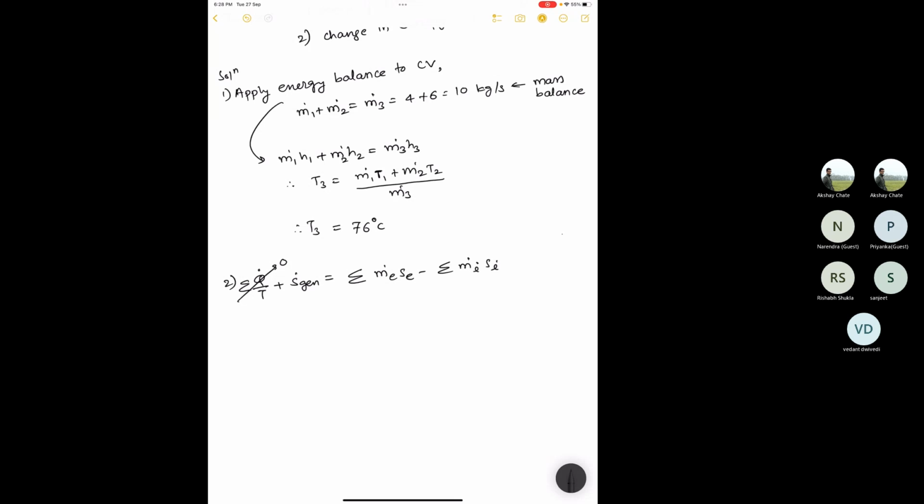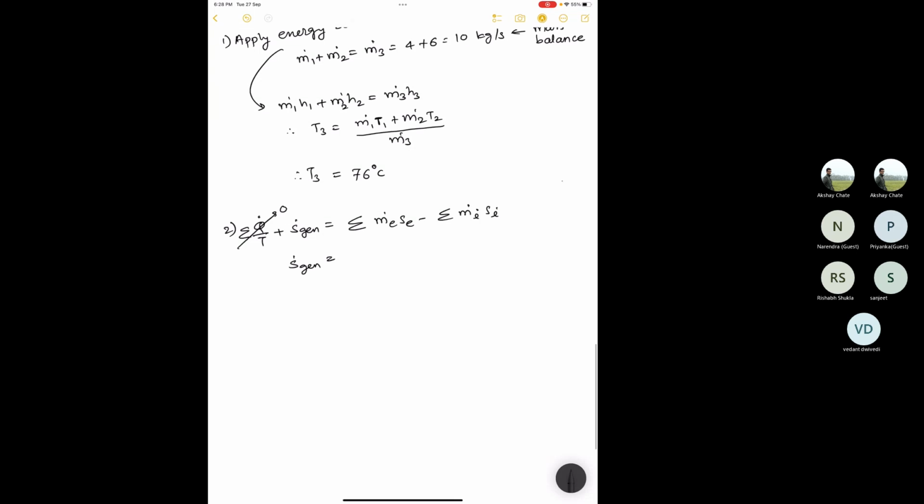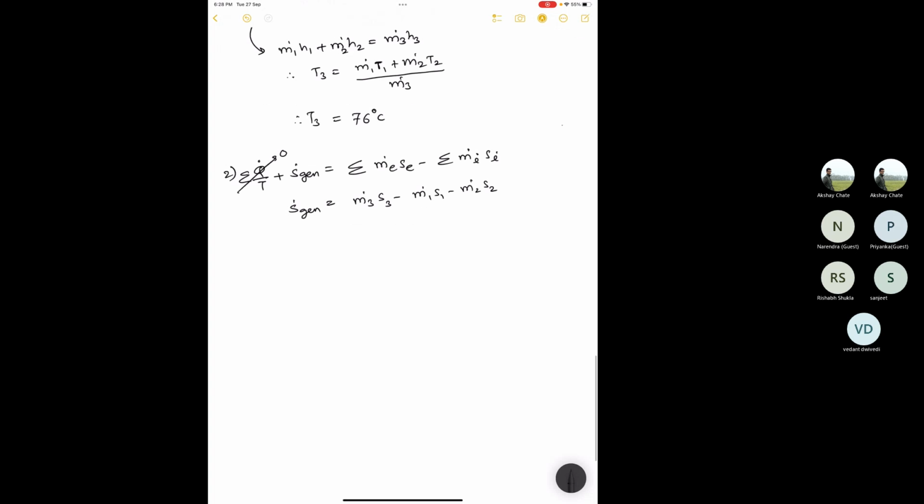So here you can write the entropy generated as S dot gen. m dot e s e is basically m dot 3 S3 minus m dot 1 S1 minus m dot 2 S2, and m dot 3 is the summation of m dot 1 and m dot 2. So basically m dot 1 into S3 minus S1 plus m dot 2 into S3 minus S2. I hope this part is clear. You are just doing rearrangement of terms.